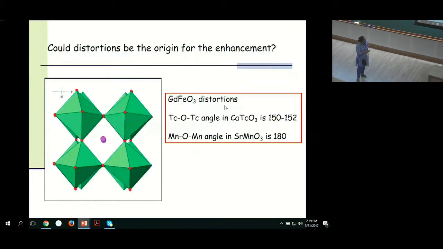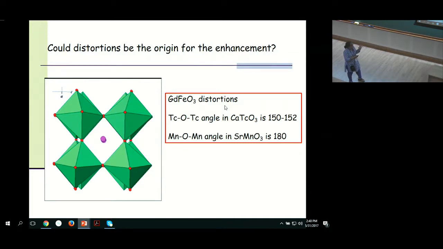Similarly, the question was, could it be lattice distortions which would be playing a role? Because these materials come in the perovskite structure, which we've seen earlier, but a brief recollection. You have the alkali metal atom, strontium or calcium, sitting at the center of a cube. You have the transition metals at the corners of the cube, and you have the oxygens sitting at the centers of the edges.